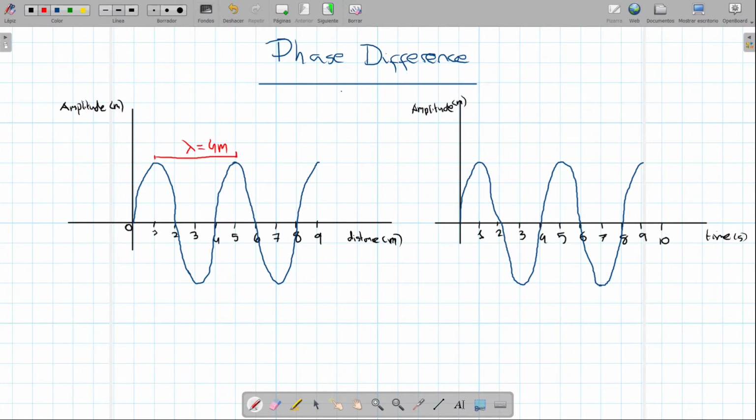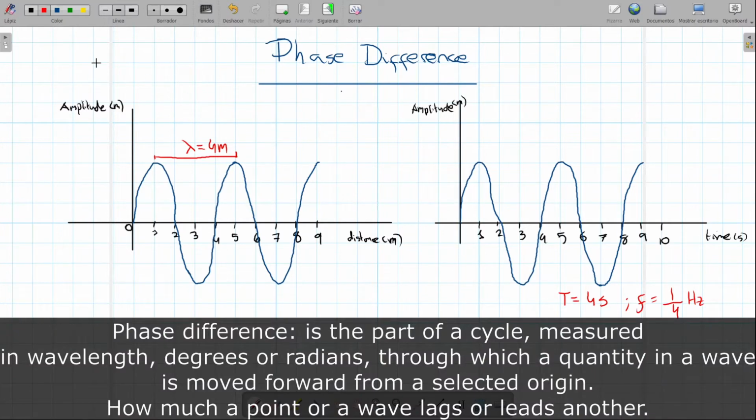So the period here would be 4 seconds, and the frequency, which is the inverse, would be 1 divided by 4 hertz. We've already seen that in previous videos. What we want to see now is how to calculate the phase difference between either points or two different waves. I'm already going to give you the result.